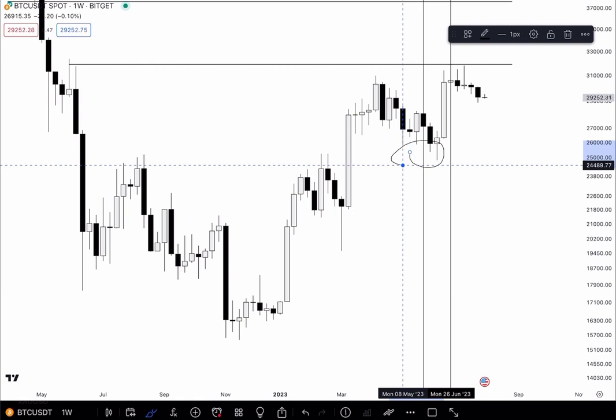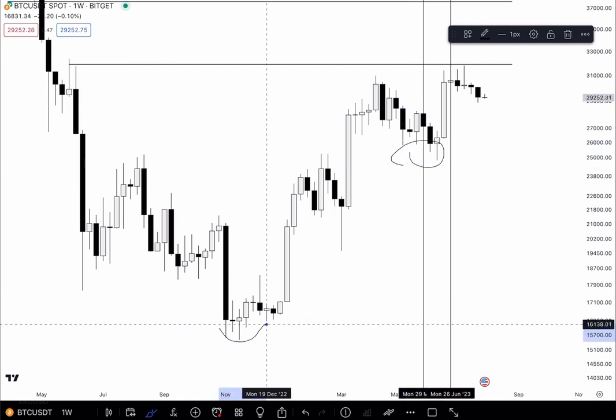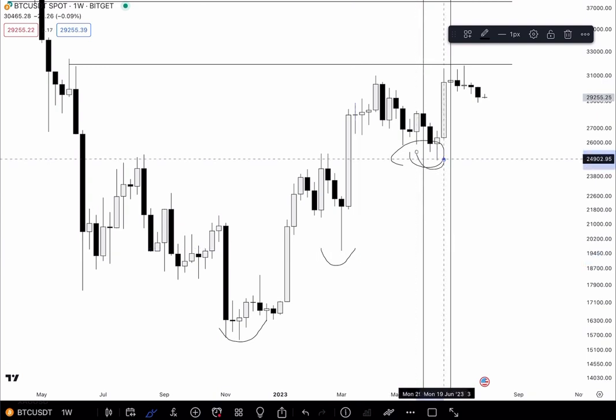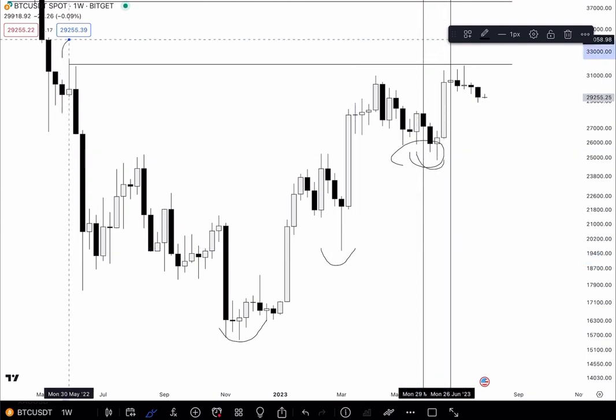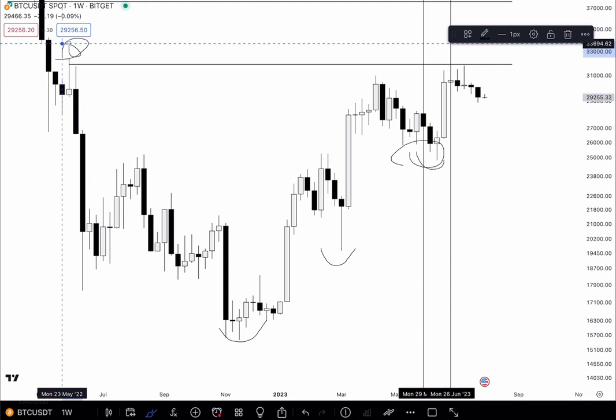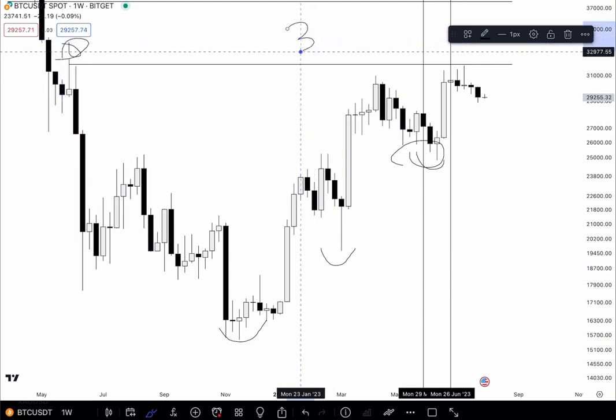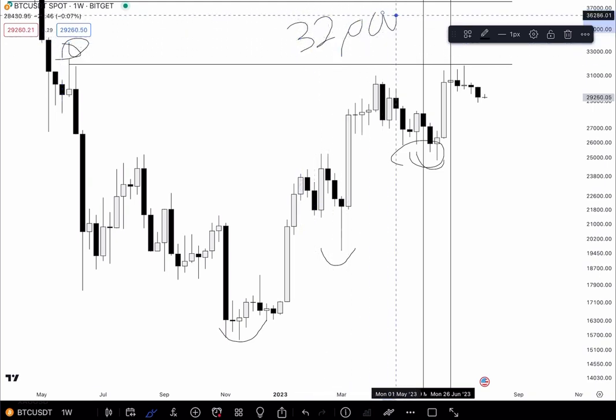But the point is, the reason I'm focusing on Bitcoin so much is because the higher time frame is pretty obvious. The drawn liquidity is 32,000. We are looking to buy retracements until we reach 32,000, right?